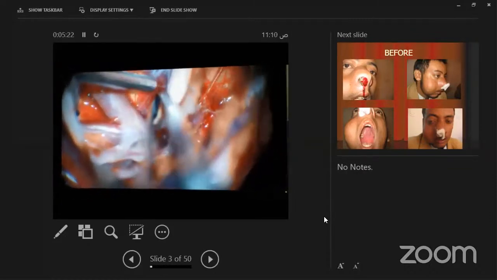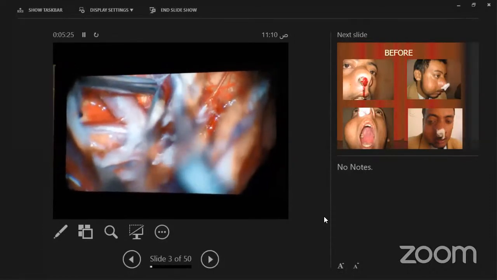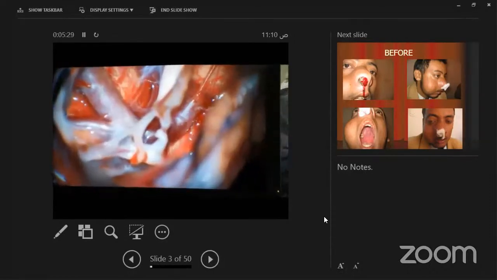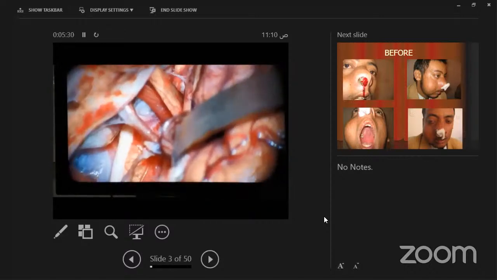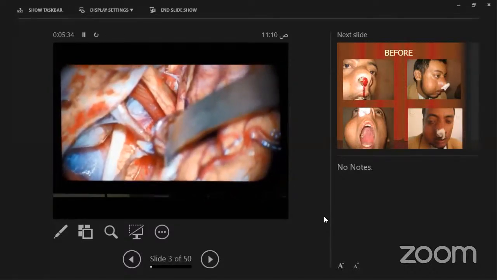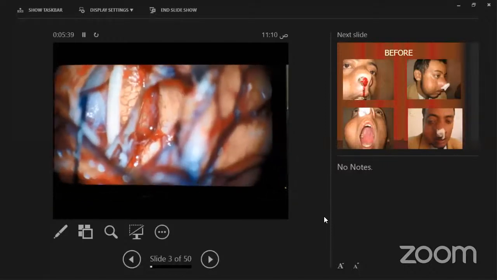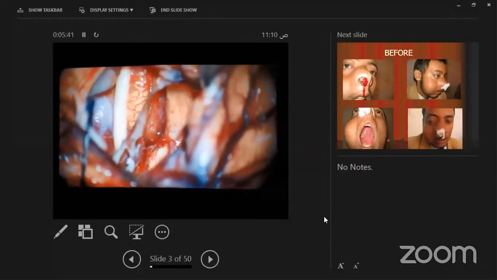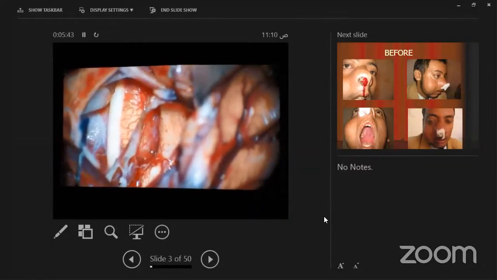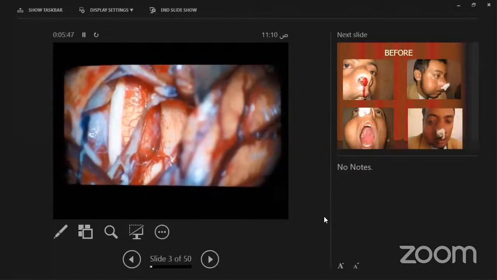This picture was taken after completely excising a very large tumor, as we will see later in the video. Here you can see the infundibulum stalk going toward the diaphragma sellae. And here you can also see it coming out of the midbrain and going up, just going to the diaphragma sellae.